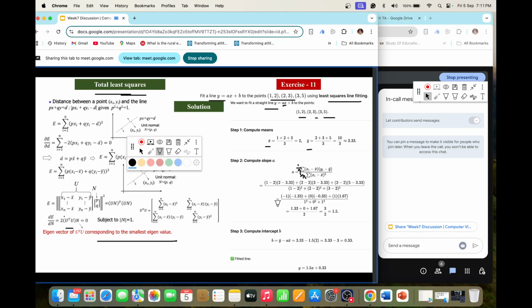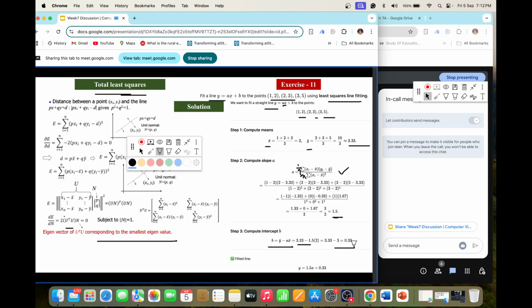Then you just compute the slope, and your slope will come out as 1.5. Just put in the formula, and that is the m or a you are finding. Once you have m or a, it is very easy to find c, that is y bar minus m x bar, or a x bar. So c or b can be found by this. We have y bar and x bar, and we have also found m or a.